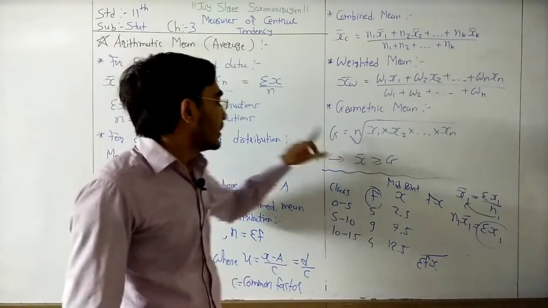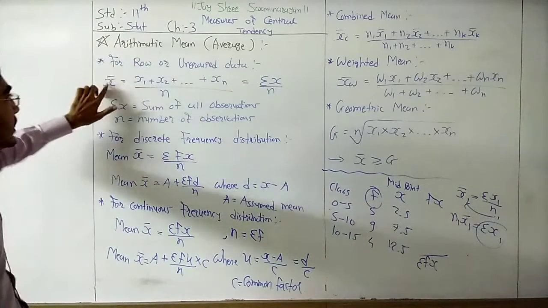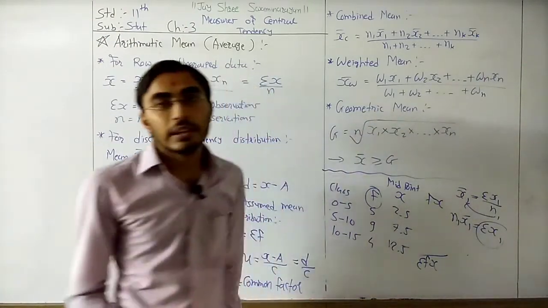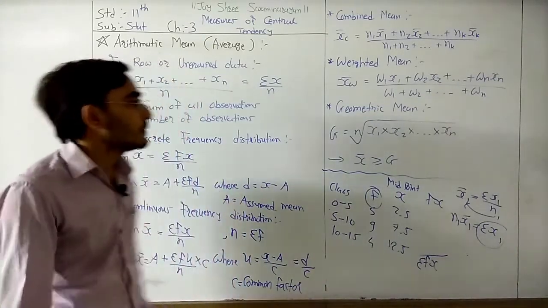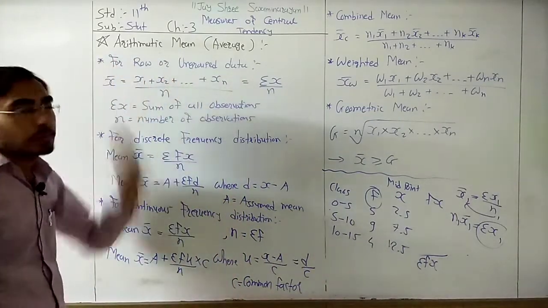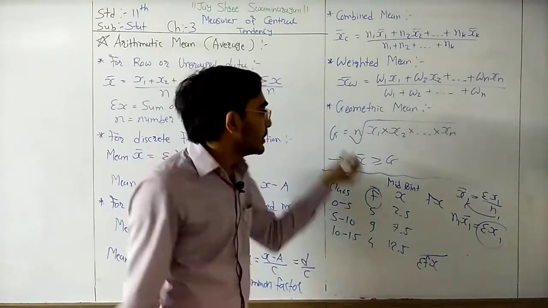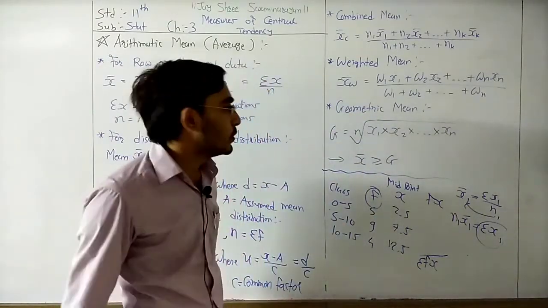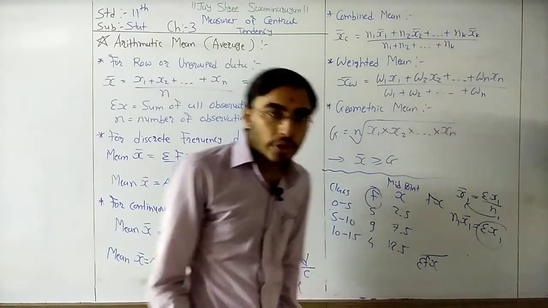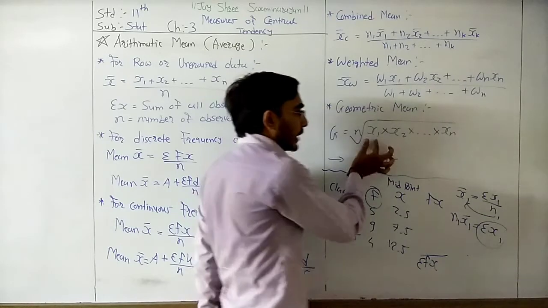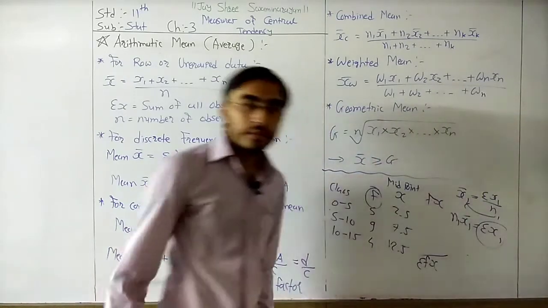Arithmetic mean is represented by x bar, geometric mean is represented by g. So g is equal to the nth root of x1 x2 up to xn.